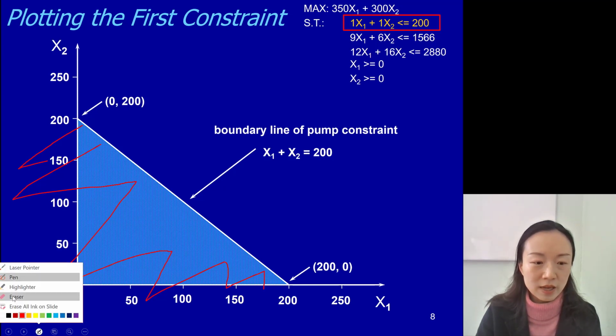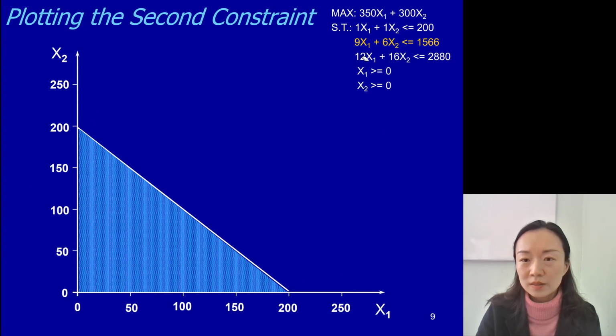Now let's look at the next constraint. We're going to do the same thing. We first convert it to an equation, so we have 9x1 plus 6x2 equals 1566. Using that equation, we draw a line.